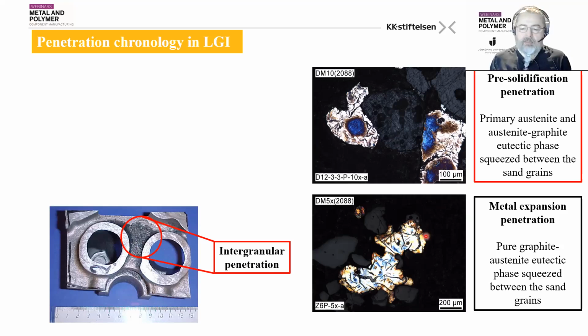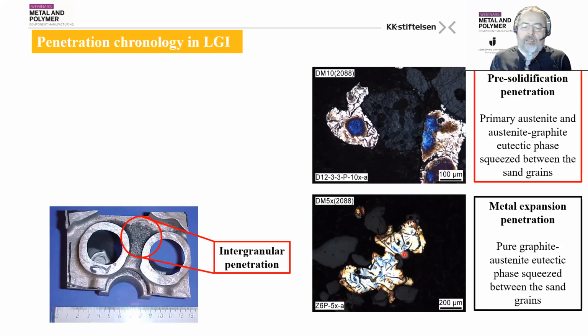The second type of penetration is the metal expansion penetration, and in those cases, the droplets found between the sand grains contain only pure graphite austenite eutectic phase.